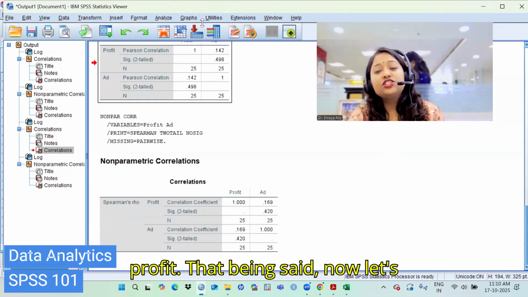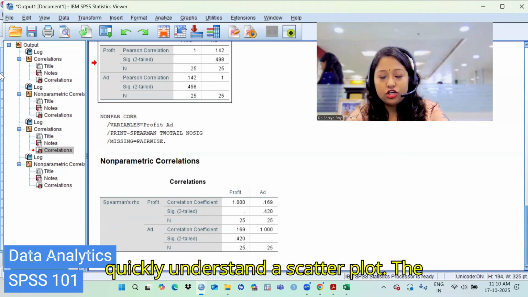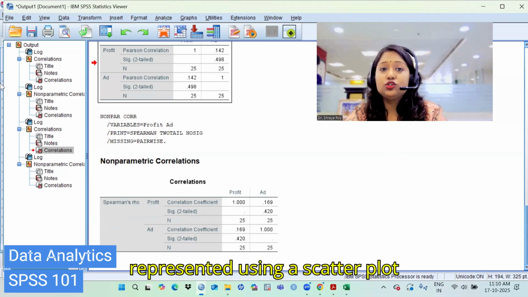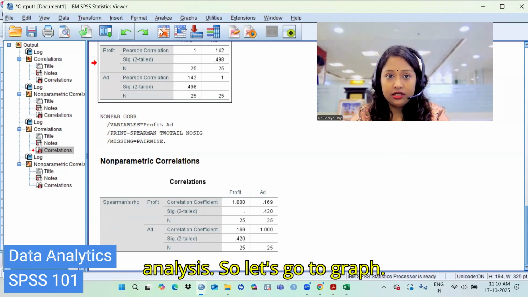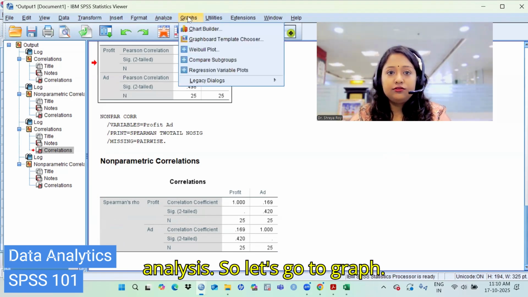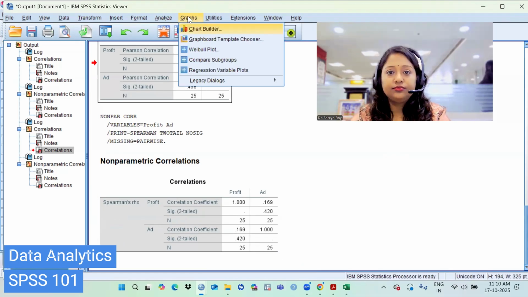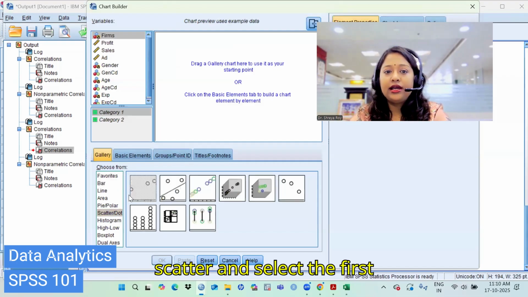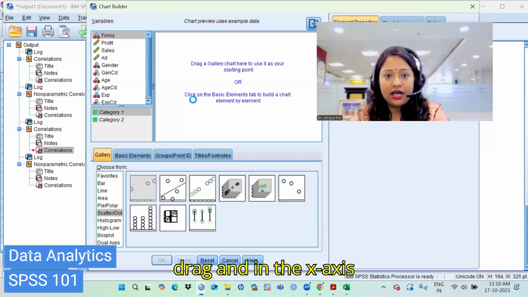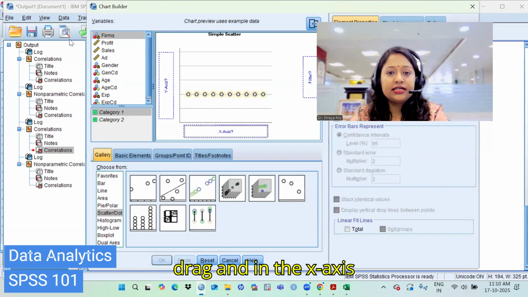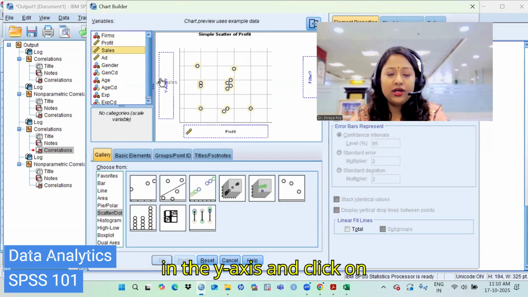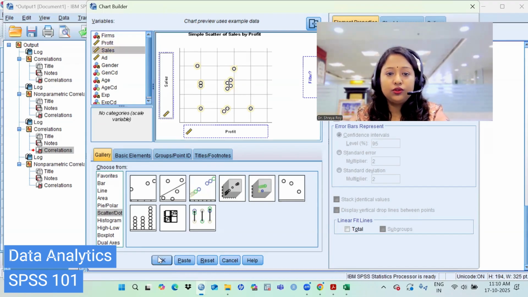That being said, now let's quickly understand a scatter plot. Correlation is graphically represented using a scatter plot analysis. So let's go to graphs, chart builder, click on scatter, select the first one, drag, and in the x-axis select profit and sales in the y-axis, and click on OK.